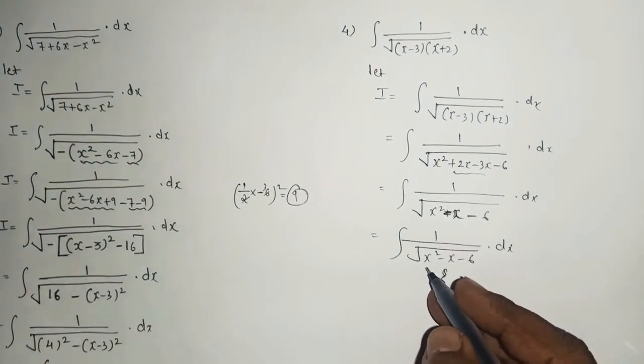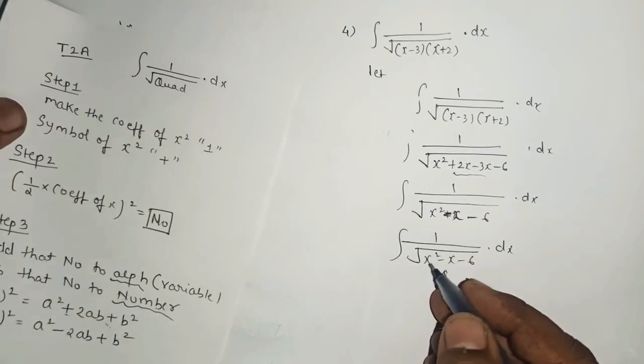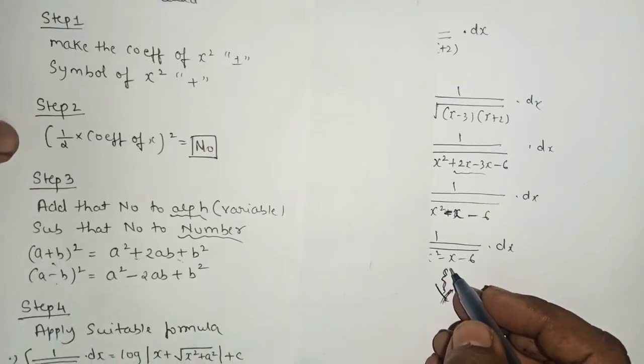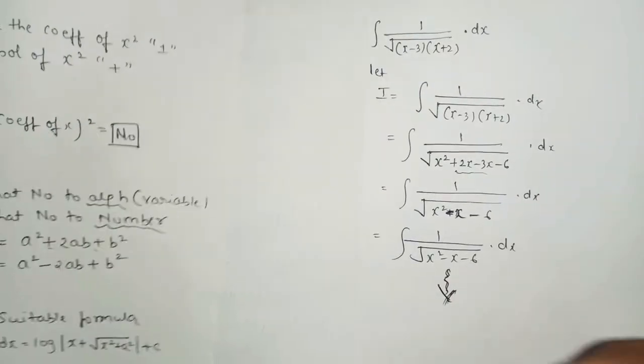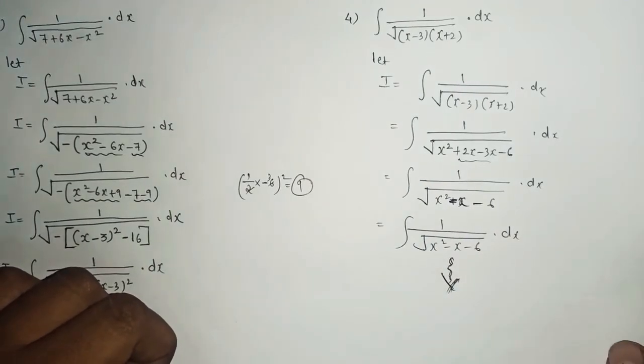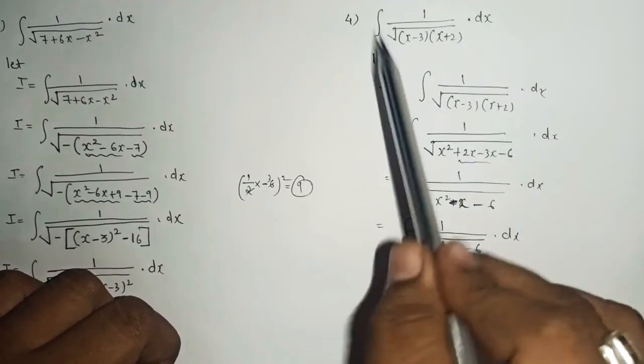Step number 1 is to make the coefficient of x square 1 and the sign positive. Already the coefficient of x square is 1 and the sign is positive, and after that you will apply the third term, and the rest I hope you can solve by yourself. So please try this sum by yourself whenever you come across a sum like this, 1 upon root.